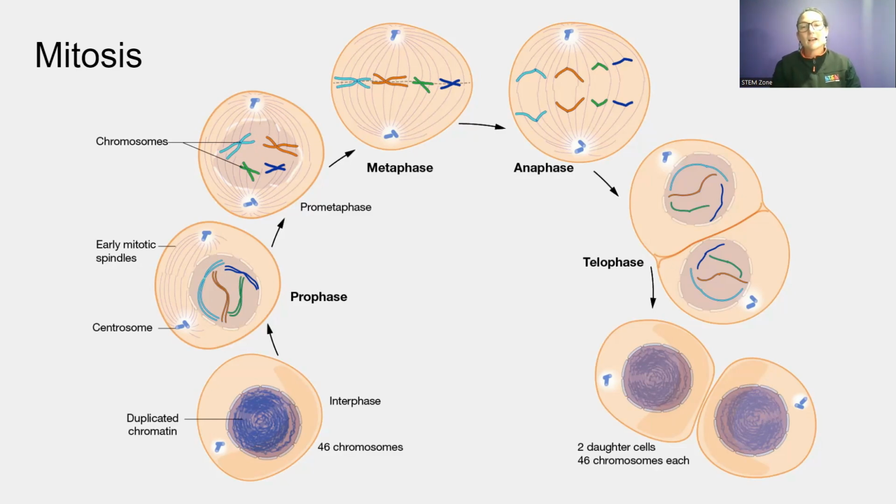And I always use the analogy of pasta. I love pasta. And it just makes sense to me to think about DNA in this way when we're talking about cell division. So think about a bowl of spaghetti, long, skinny strands of spaghetti. Try and imagine separating that spaghetti evenly to two sides of your bowl or two sides of your plate, evenly, same number, and making sure that if there were two long bits of spaghetti, one went on each side of the bowl.